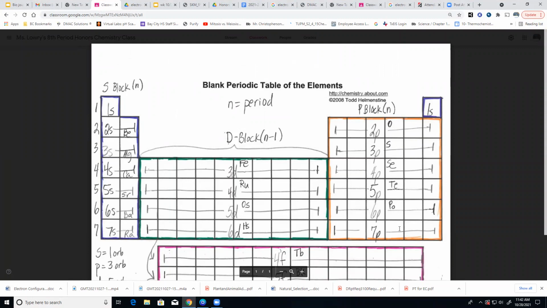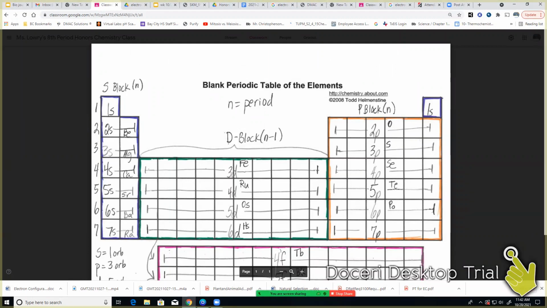All right, let's try one that's a little bit different. So this time we're going to do iron, Fe. And it has element number 26, so it's right here. So first, locate my element. One thing that I like to do is say what should be my very last electron.